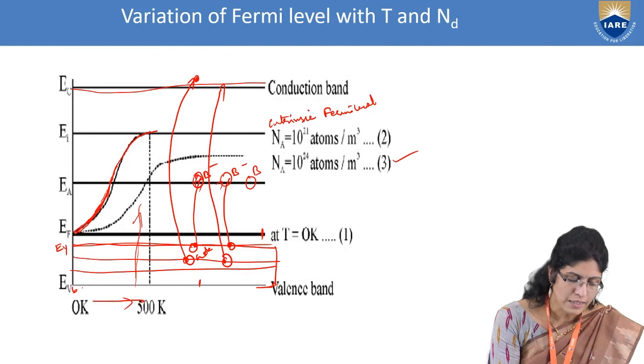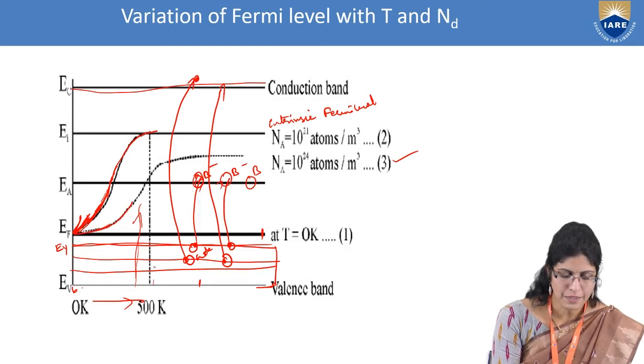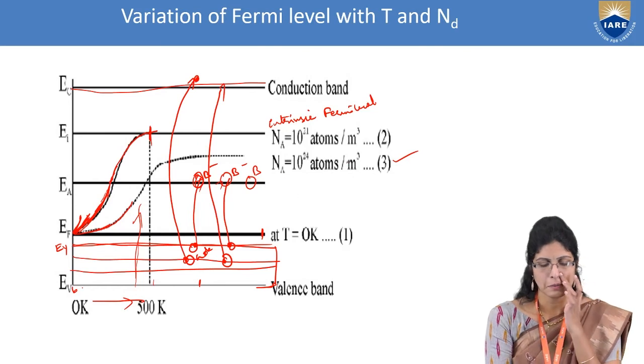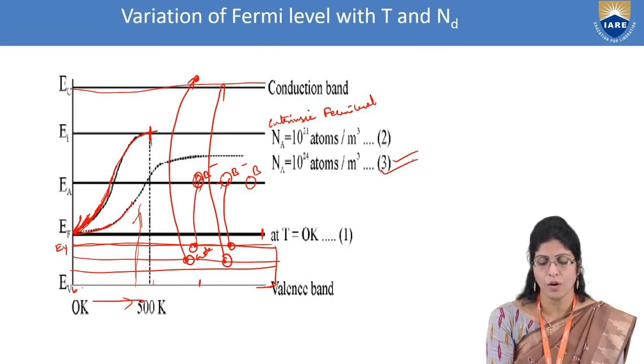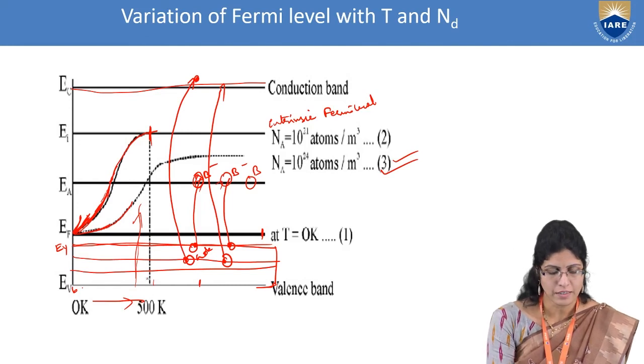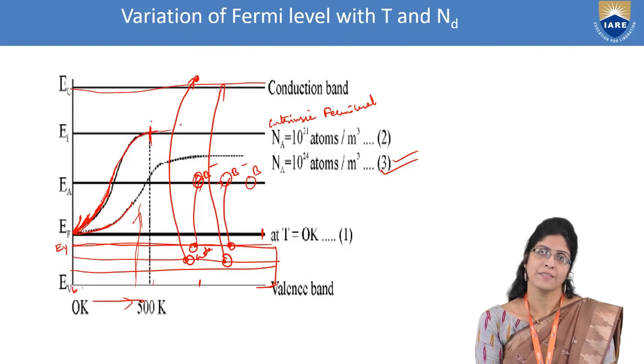So though it had the peak, the curve has risen here itself, okay, now it will rise here slowly. It started and then it rose here, and even at this particular temperature it has reached, but as the density of the acceptor atoms has been increased, even at 500 it didn't reach the intrinsic Fermi level.